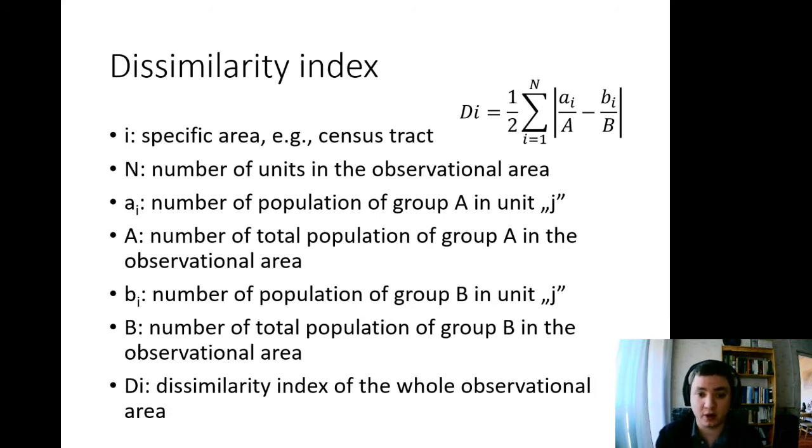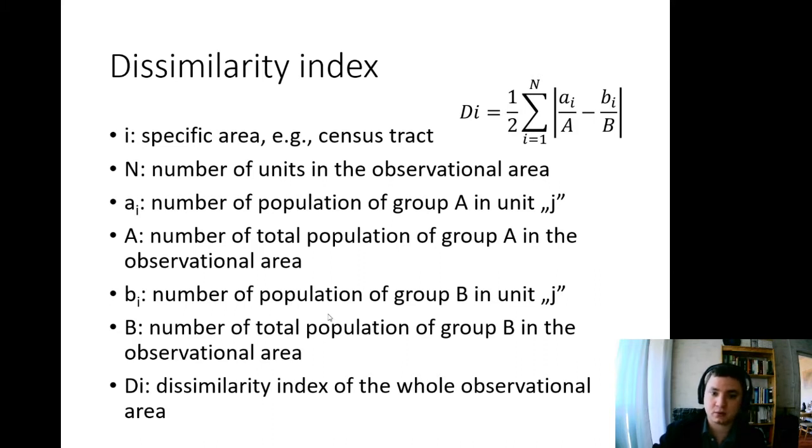So this is a global index, the dissimilarity index. You have only one value for the whole observational area, not for each unit. You haven't any value for each unit. You just have one value for the whole observational area.